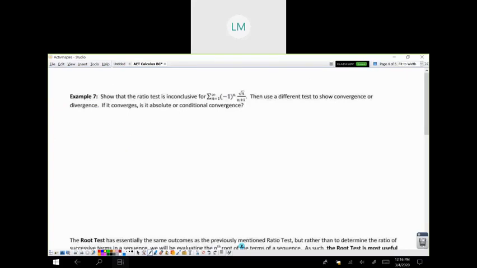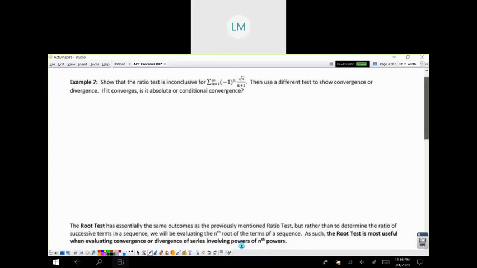And we're going to show that the ratio test is inconclusive for this series. So let's start with, we need the limit, except a little bit more room. The limit as n goes to infinity. The absolute value, we have the n plus 1 term, n plus 1 over, this is n plus 1 plus 1 over the square root of n over n plus 1.